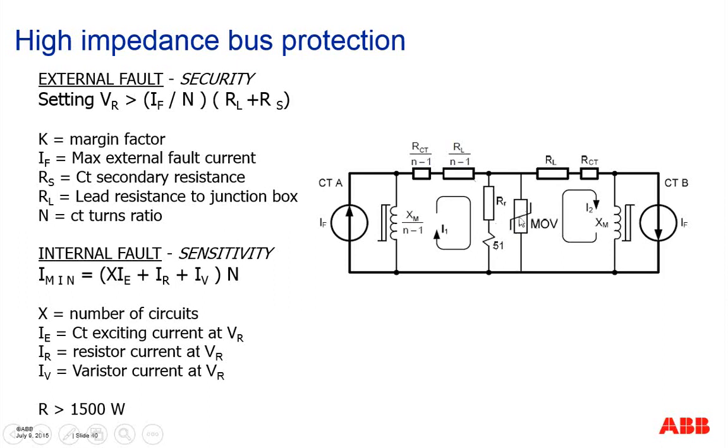Typically, the current through the MOV can be ignored; it is very small. So you need to calculate the minimum current and check with your fault study to make sure my minimum current is small enough, my actual fault current is higher than this, so the relay will operate.